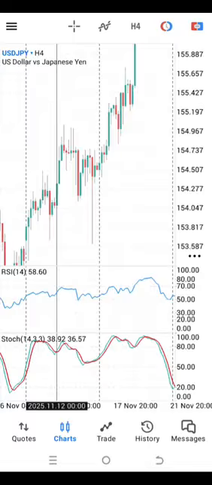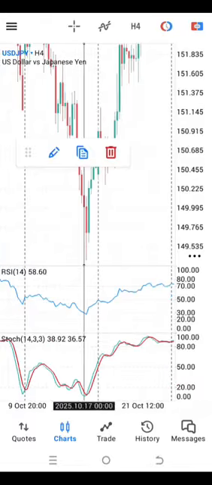For a buy setup, on the H4 time frame, I'm going to look out for RSI getting to level 30. Now this is my USD JPY chart. On the H4 time frame, I'm going to look out for the RSI moving below level 30 and the stochastic oscillator moving below level 20.